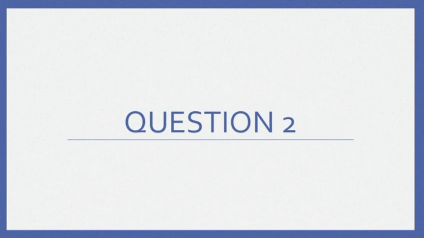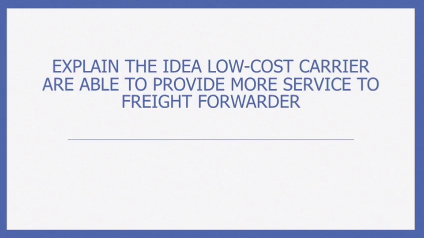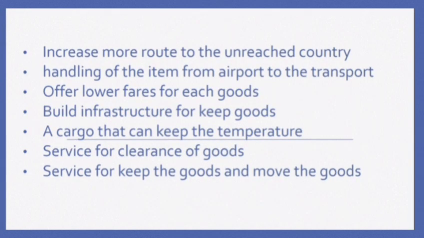So the next one is question number 2: explain how an ideal low cost carrier is able to provide more service to freight forwarders. The first one is to increase more routes to more countries, so that the freight forwarder can use air instead of other transport if air can reach the country.